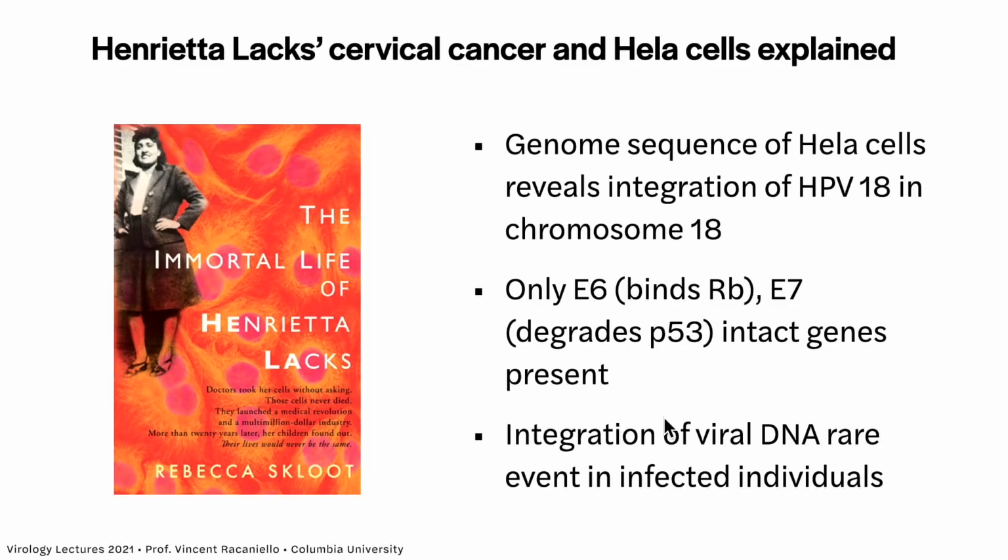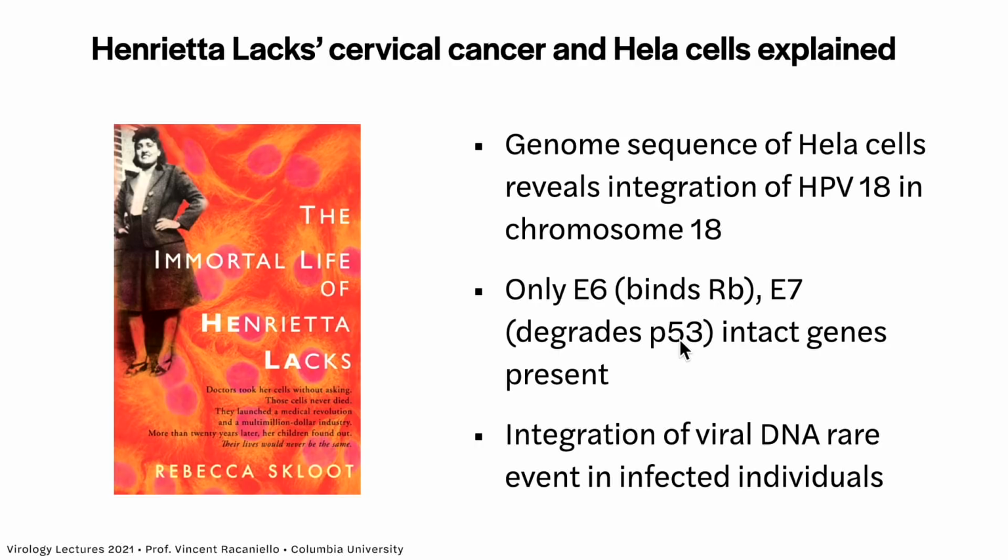And so all of this now explains HeLa cells, and in particular Henrietta Lacks' cervical cancer. The genome sequence of HeLa cells reveals integration of HPV 18 on chromosome 18. And if you do the sequence, it's not the full genome. It's E6 and E7. Those are the only genes that are intact. E6 degrades P53 and E7 binds RB, as I've told you today.